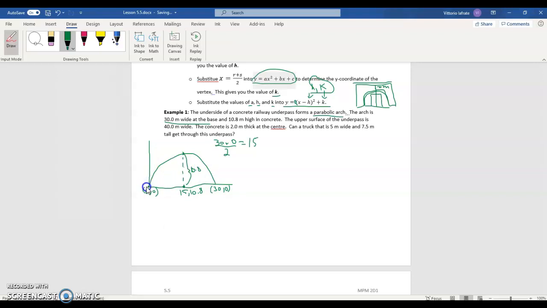I haven't drawn the concrete area, but we can do that if you wanted to. So you know the concrete area is 40 meters across. Here we have 30 meters wide at the base. So what that means is if I extend it a little bit on this side, I have to be 10 wider overall than the parabolic arch.